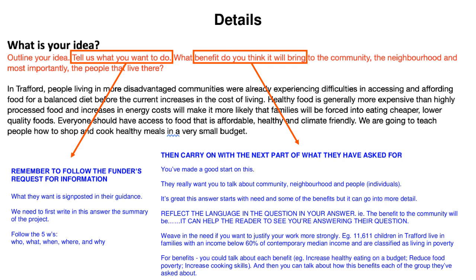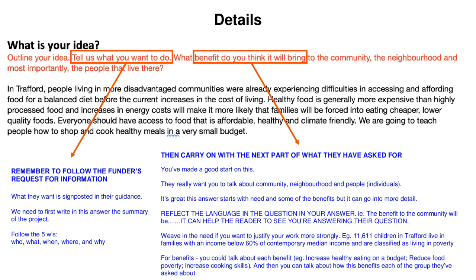I think this application form didn't have lots of questions. It was quite a short one, just an expression of interest. So think about weaving in the need. They haven't asked about need in this question specifically, but the benefit to the community should normally reflect the needs that you've identified in the community.